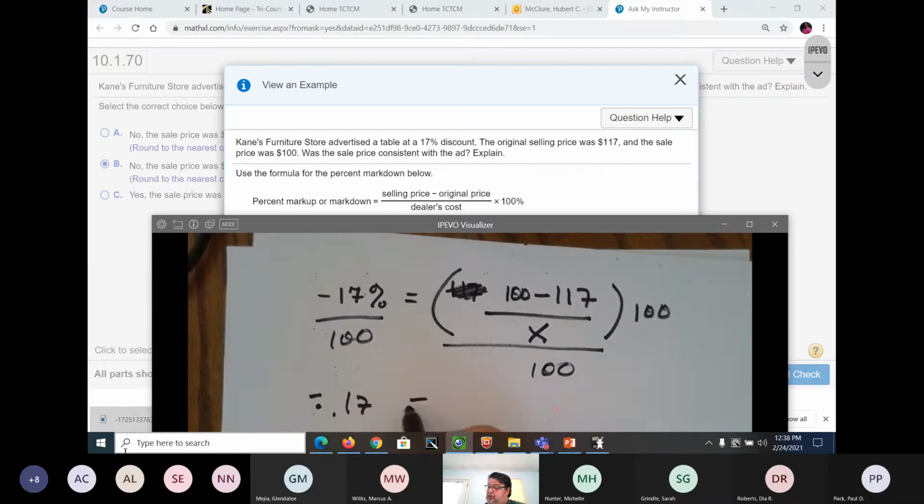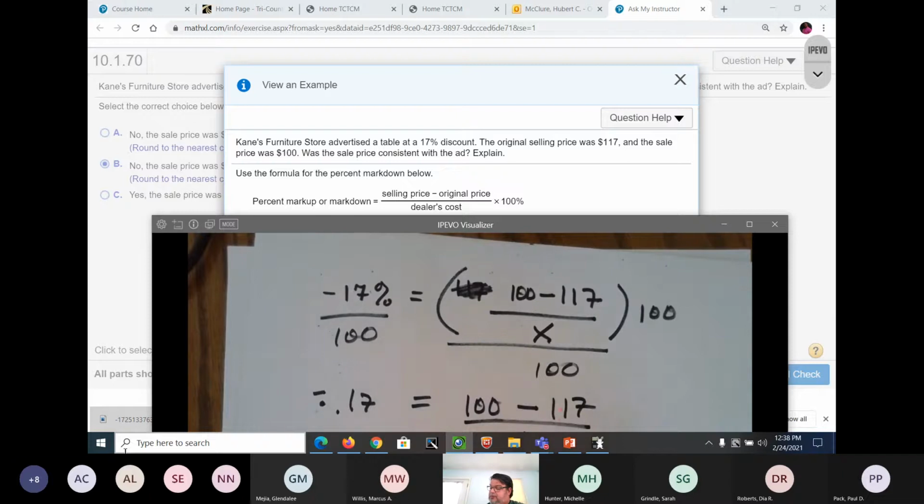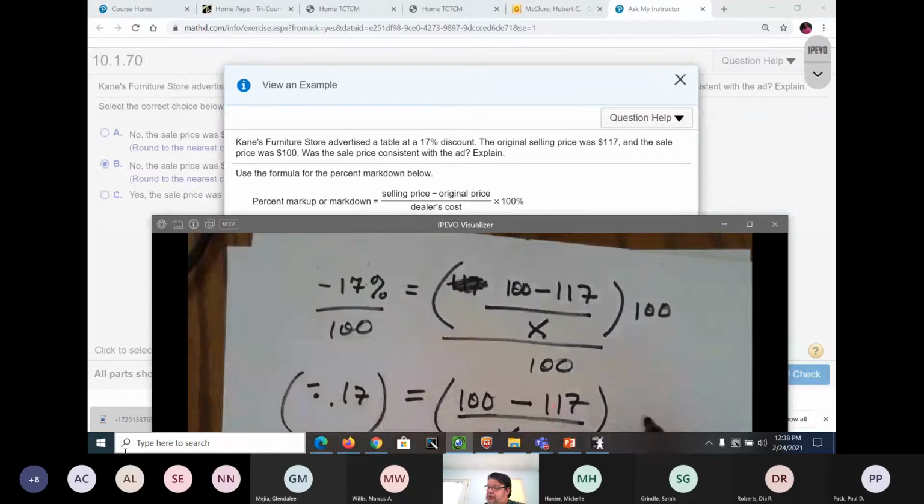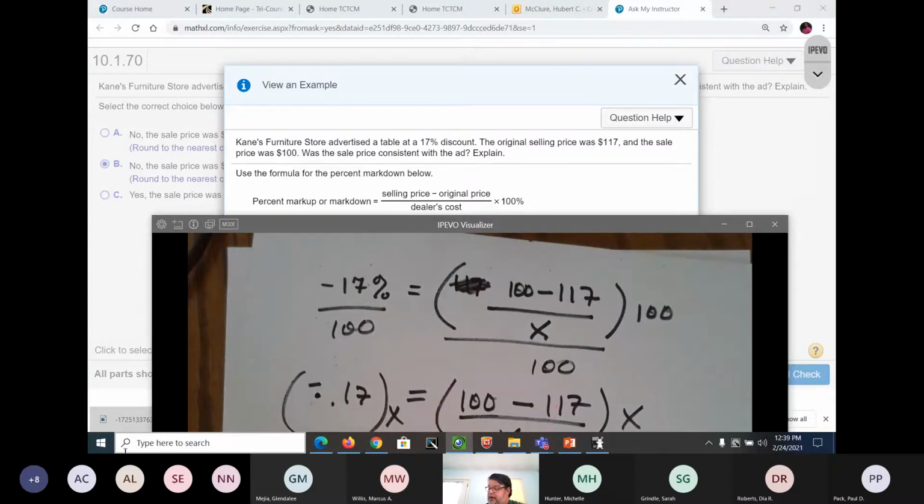Negative 0.17 is equal to 100 minus 117 over X. Multiply both sides by X. And that's going to be negative 0.17X is equal to 100 minus 117, which is negative 17? Well, that's going to give you 100 again. Divide by negative 0.17, divide by negative 0.17. X is equal to positive.